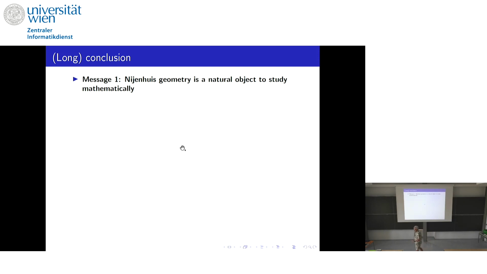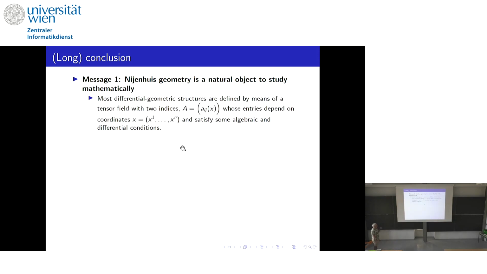The first method I pronounced in the introduction, the first lecture, Nijenhuis geometry, is a natural object to study mathematically. Let me repeat the argument. Most differential geometric structures are defined by a tensor field with two indices, maybe up, maybe down, which satisfies some algebraic and differential condition.